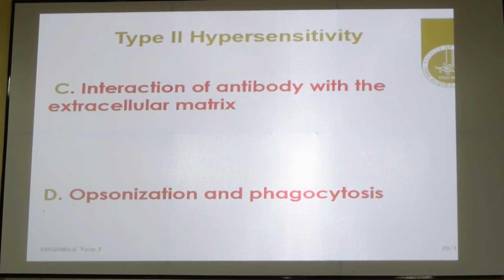After this, interaction of antibody with the extracellular matrix. So it's not always the surface of the cell. Sometimes the antigen can be outside the cell. What is the example? The best examples are the lungs. Have you learned so far the structure of the alveoli? The airway tree starting from the trachea or bronchi gradually goes down, and then there are round, balloon-like structures, the alveoli in the lungs.